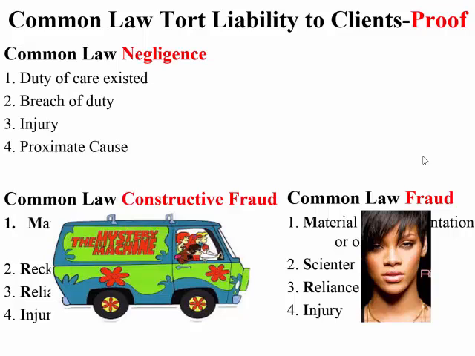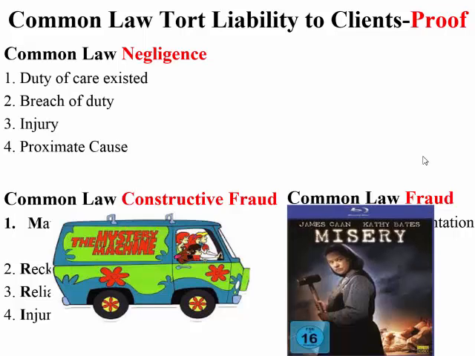And maybe instead of Mr. Re, it's misery, like this course, or like the movie. It doesn't matter how you get it in your mind, just know that that's going to come up throughout this chapter. The sooner you understand what people have to prove if they're suing you for fraud and constructive fraud, the better off you're going to be. So it's always going to be mystery and misery.